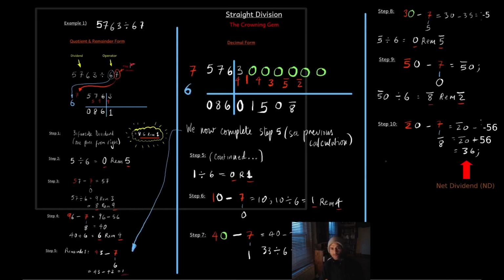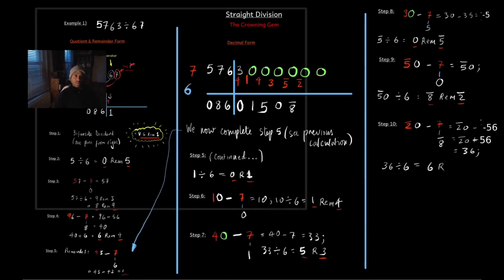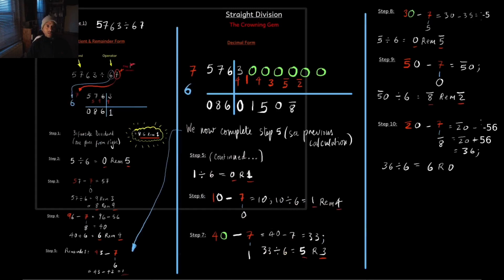So we're then going to divide 36 by 6. We're going to get 6 remainder 0. Stay up there.